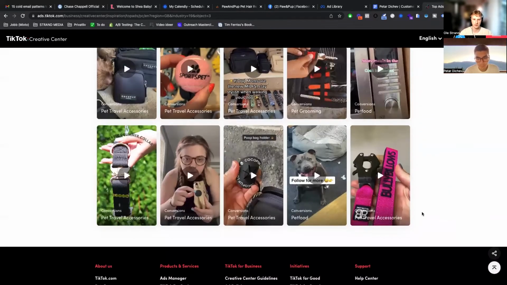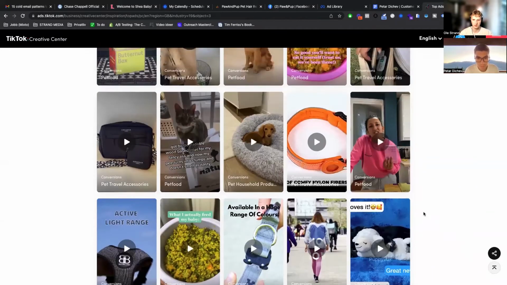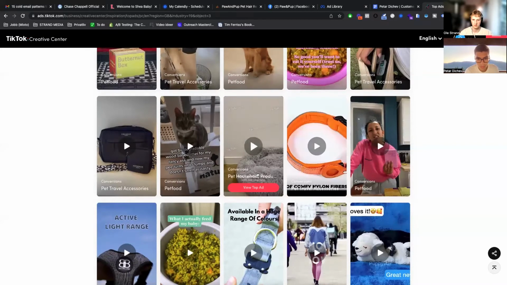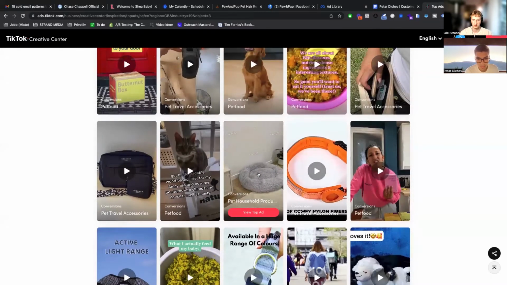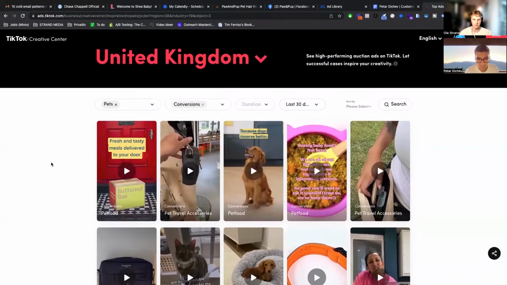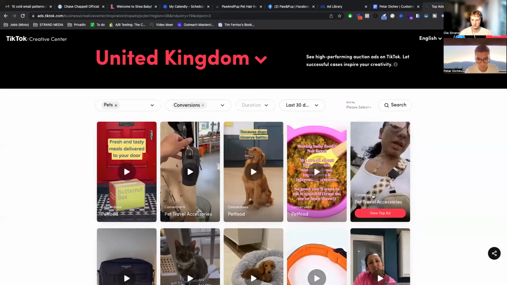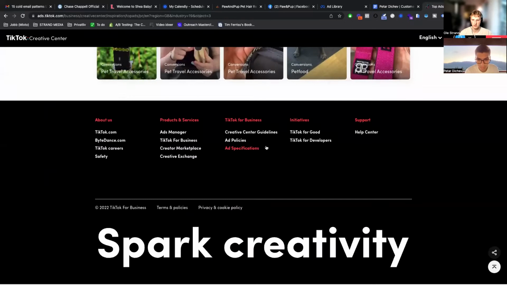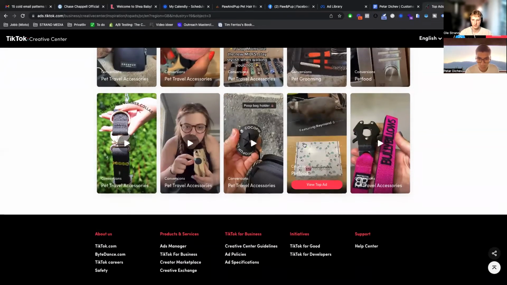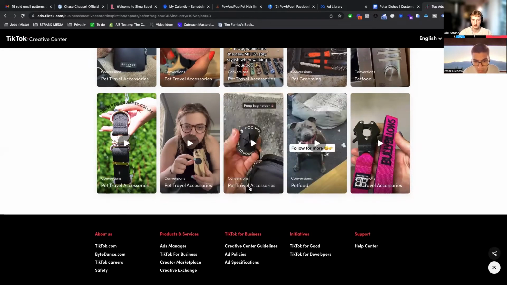So let's have a look here. I'm gonna look for a really good example. I want to look for where they have the hook in the text in the beginning. So I think this one or this one.